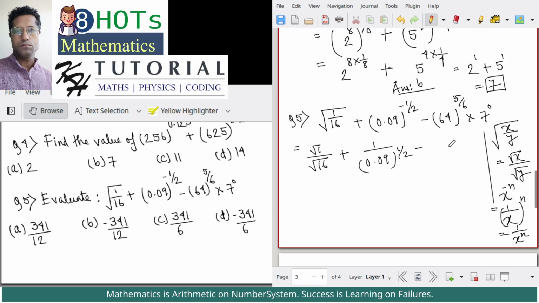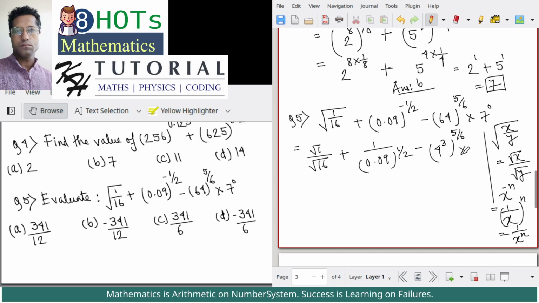So definitely I have to convert 64 in some exponential form, so that the power when multiplied by 5 by 6 will give some integer. Now let's convert 64 in the exponential form. Now 64 is 4 cube. Okay, let's do it step by step. 4 cube, and I have this whole raised to the power 5 by 6.